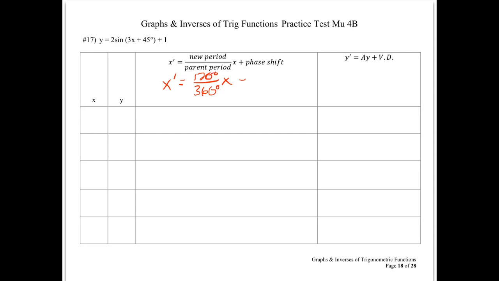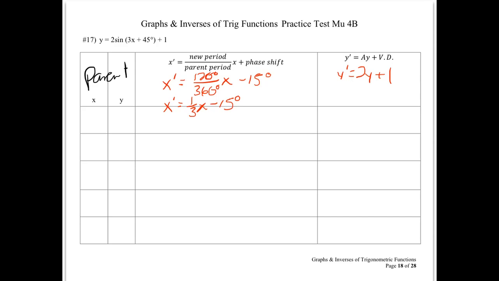My phase shift was negative 15, which makes this simplify to x prime is 1/3 x minus 15 degrees. My y prime is my a, which is 2 times y, and then plus my vertical displacement of 1. This column here is for the parent.